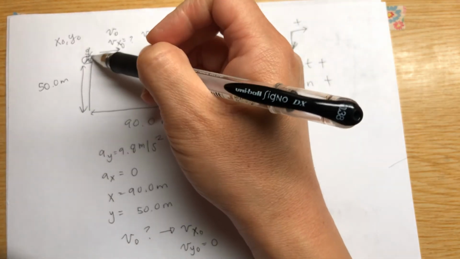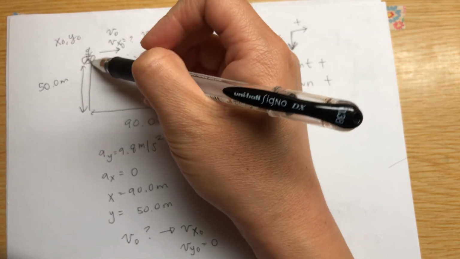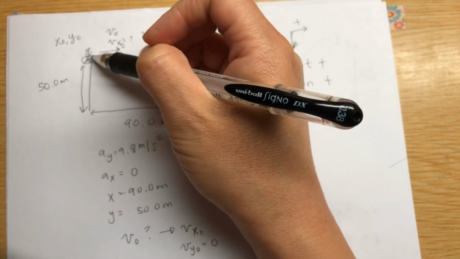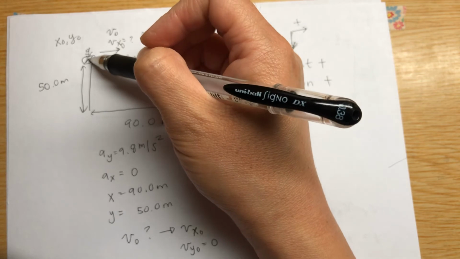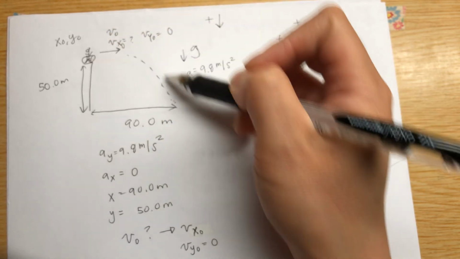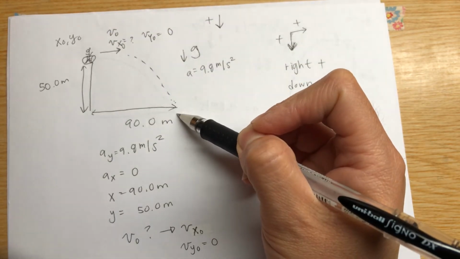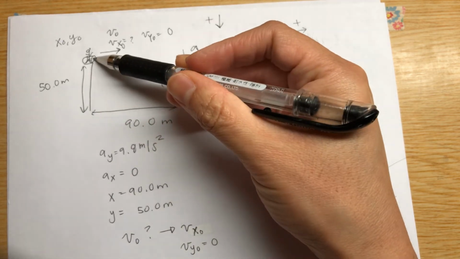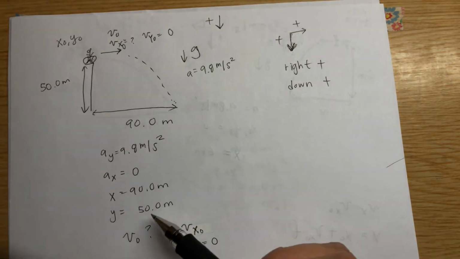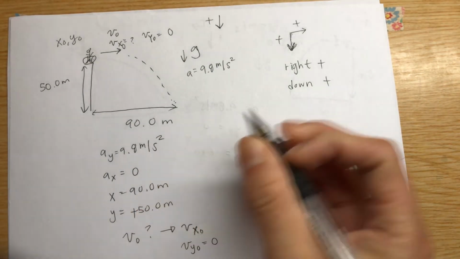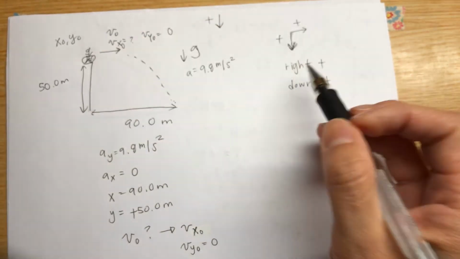I'm choosing that the point where we start is 0. So when I go down here, I'm going positive y, so it's a positive 50, because I chose down as positive.